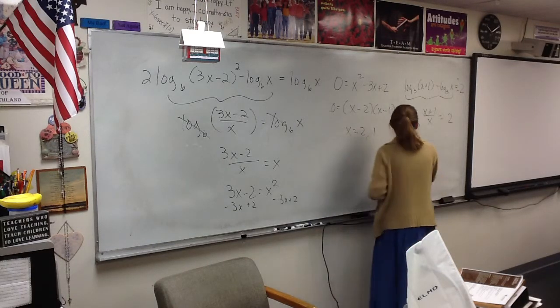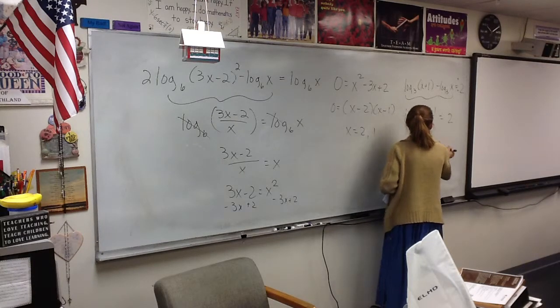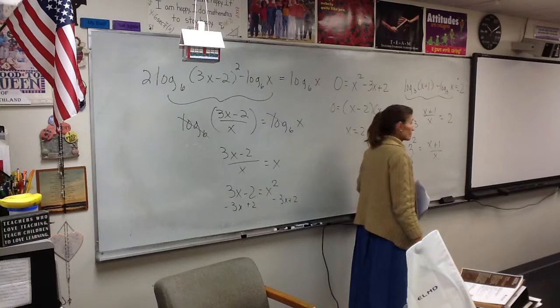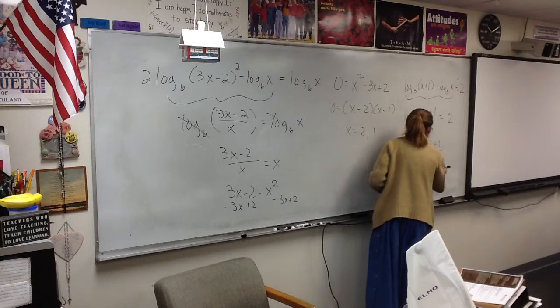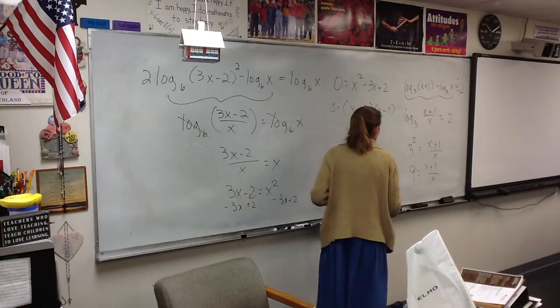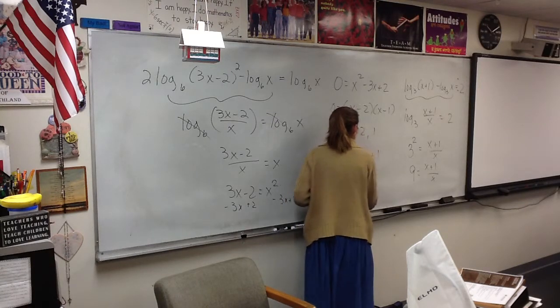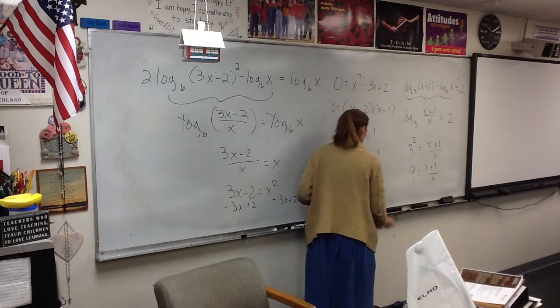How does this one rewrite? 3 to the second equals x plus 1 over x. So 9 equals x plus 1 over x. How do I solve that? So 9x equals x plus 1. 8x equals 1, and x equals 1/8.